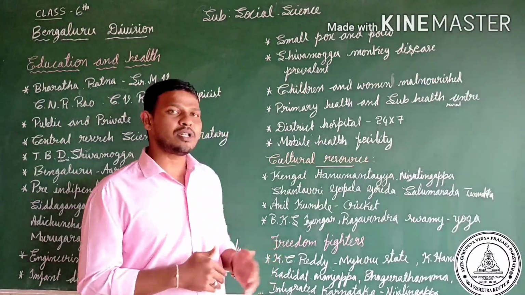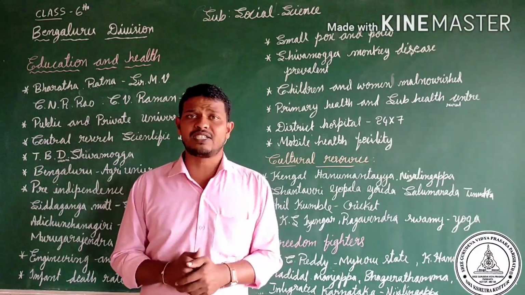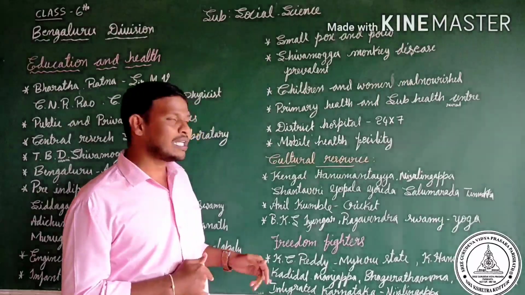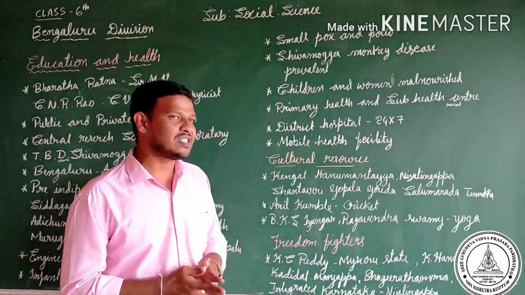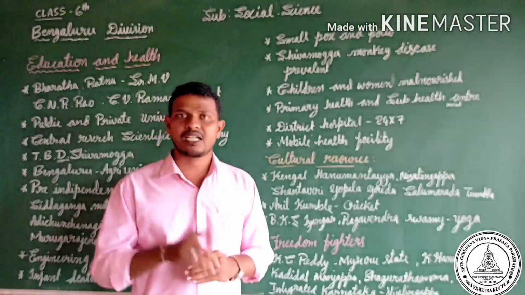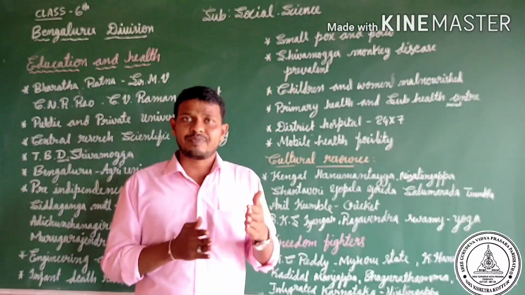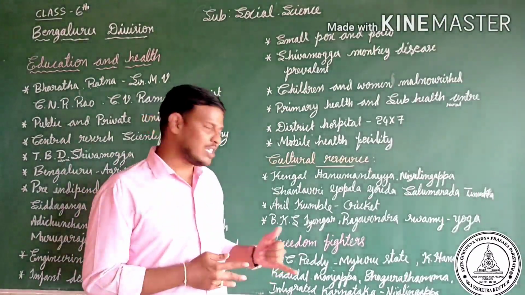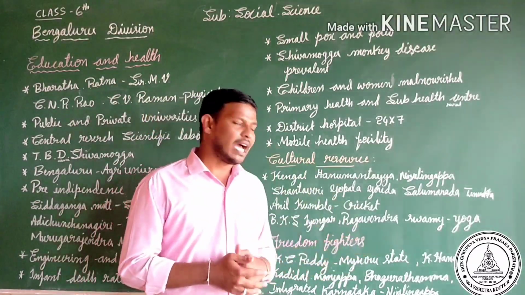Then I would like to tell about the freedom fighters. The freedom fighters are also one of the important groups of people we find in Bengaluru division. I would like to tell about KC Reddy. KC Reddy was the first chief minister of Mysuru state, not Karnataka. We had Mysuru state and then integrated Karnataka state. In Mysuru state the first chief minister was KC Reddy, and next was K. Hanumantaya.